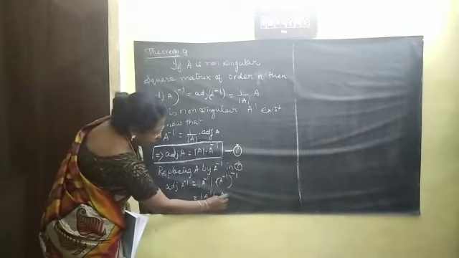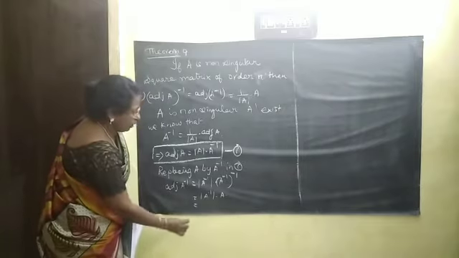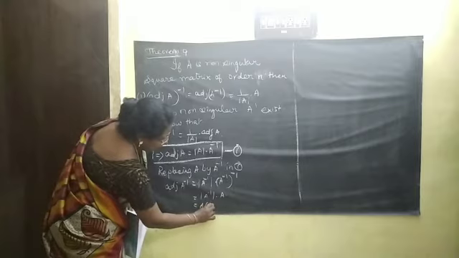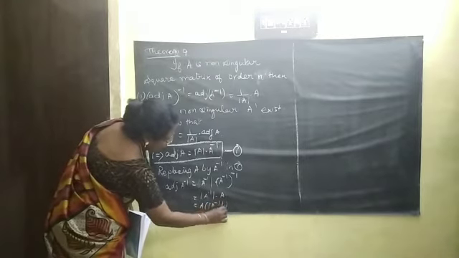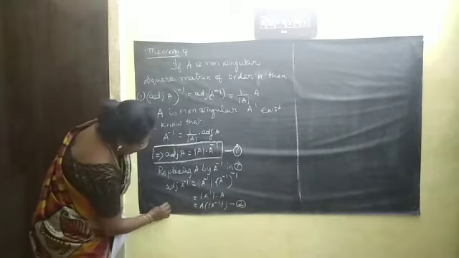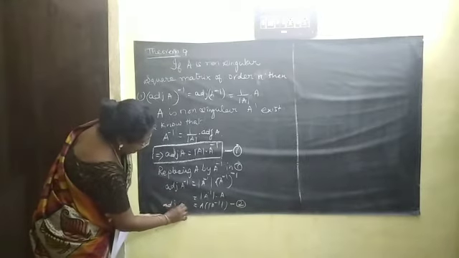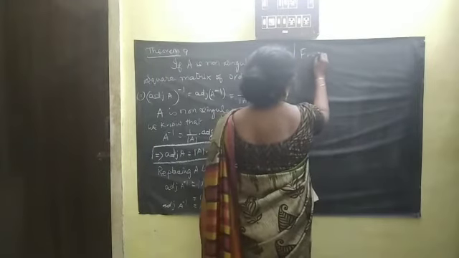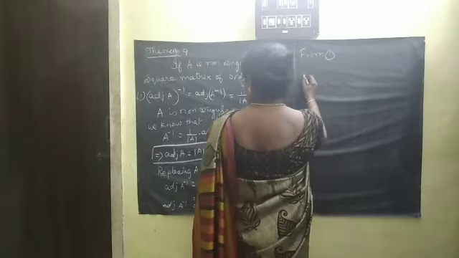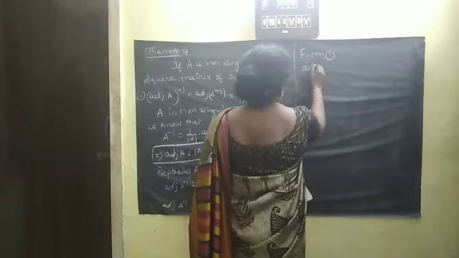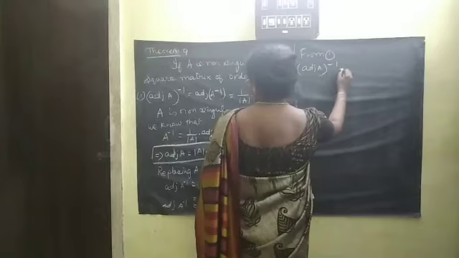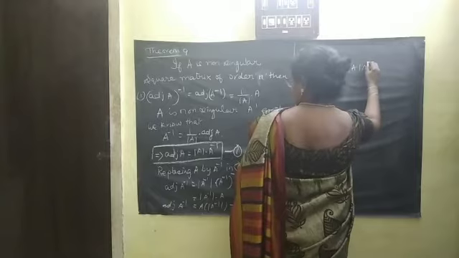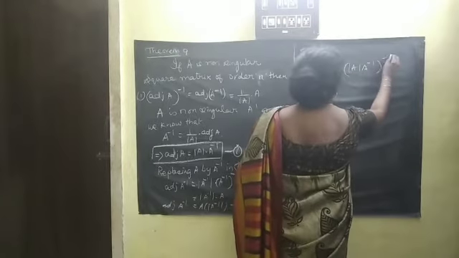So, by associative property, this can be written as A into determinant A inverse. This is adjugate of A inverse. From 1, adjugate of A, the whole inverse is equal to determinant A inverse, the whole inverse.